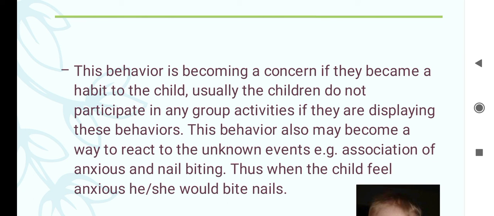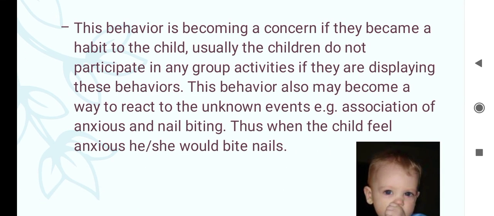So kadang-kala children yang ada masalah untuk bersosial, berkomunikasi with the rest of their friends, takutkan crowd, dia akan automatically biting their nails, menunjukkan dia mempunyai rasa anxious, risau, cemas.